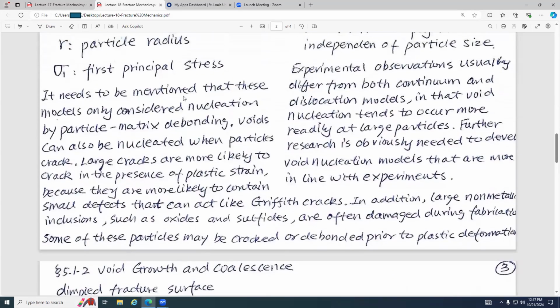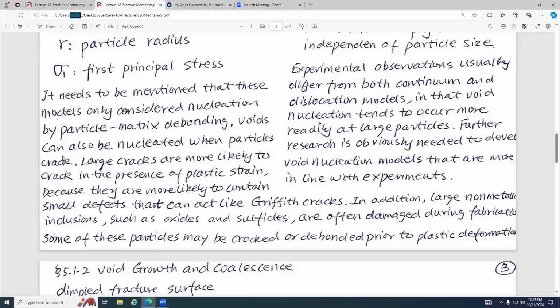It needs to be mentioned that these models, two continuum models and one dislocation model, only consider nucleation by particle-matrix debonding. We suppose we have particles in the matrix, and we only consider particle-matrix debonding. Voids can also be nucleated when a particle cracks.